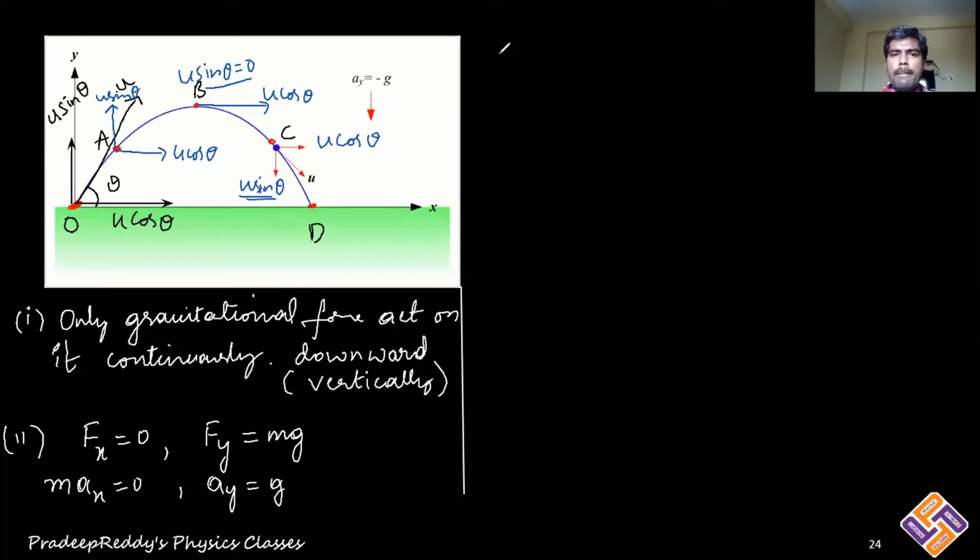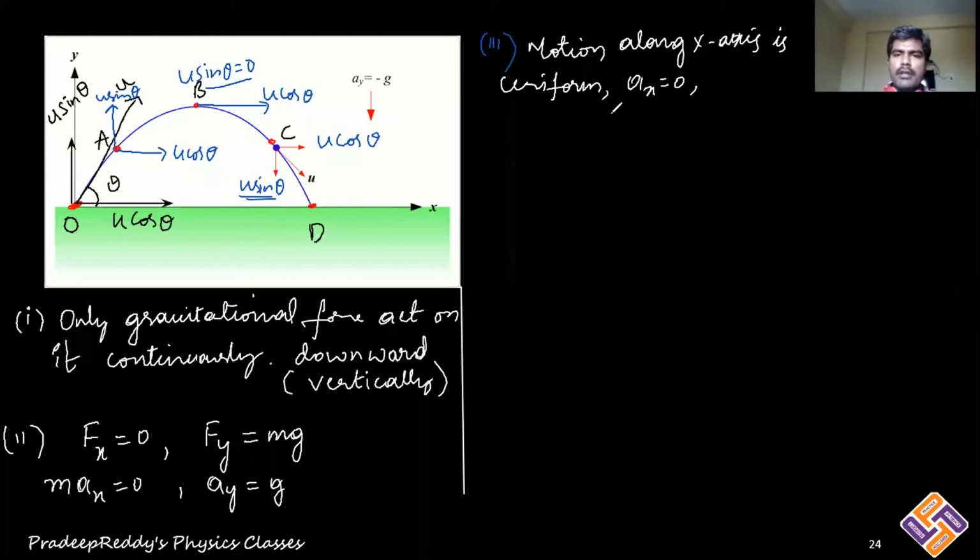So clearly, you can write that motion along x-axis is uniform. Acceleration along x-axis is equal to 0. Therefore, initial velocity is equal to final velocity is equal to u cos theta. This remains the same as it is.